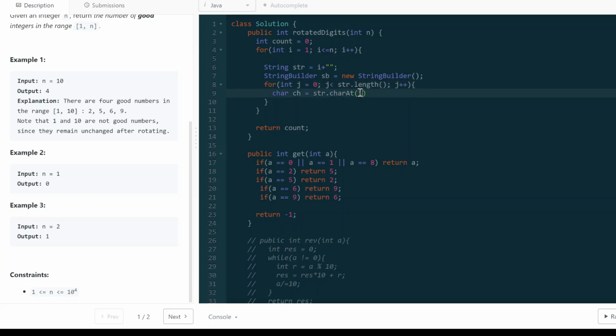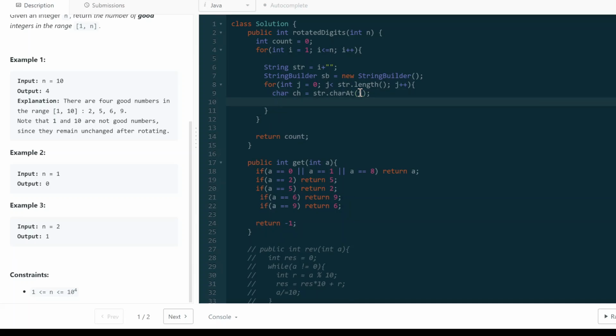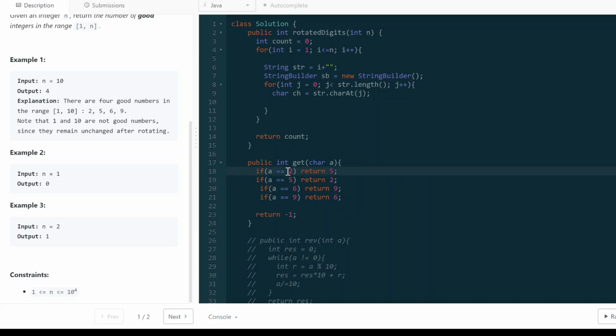So j and j here also, and then I'm going to say int result, or maybe I can just change this method from int to char, and then add quotes. I mean, so, no, I cannot do that. Okay, let me write something like this just to save some time.